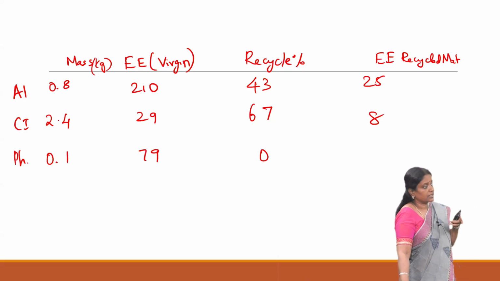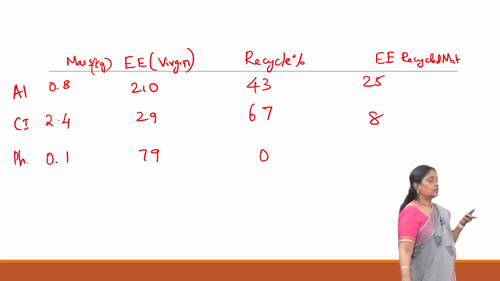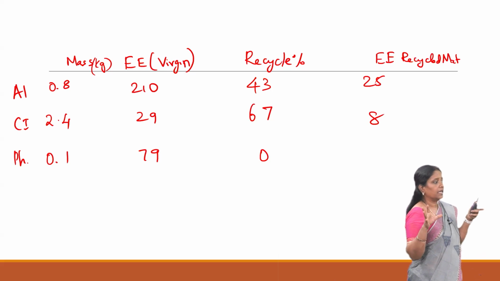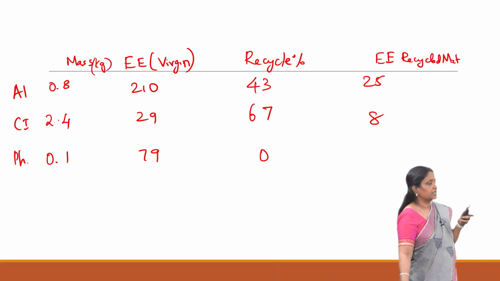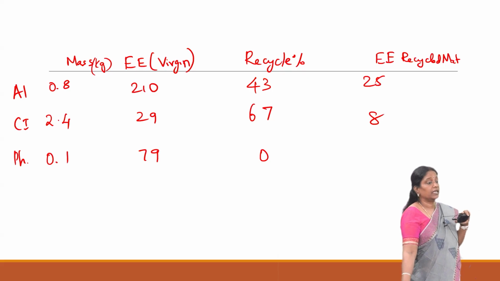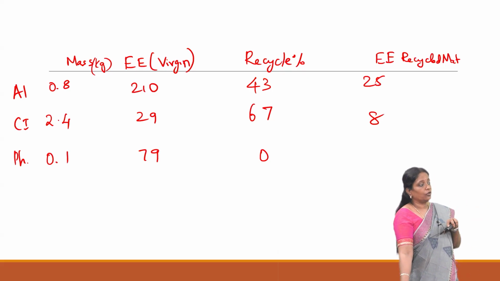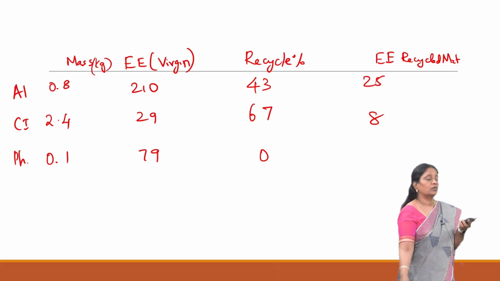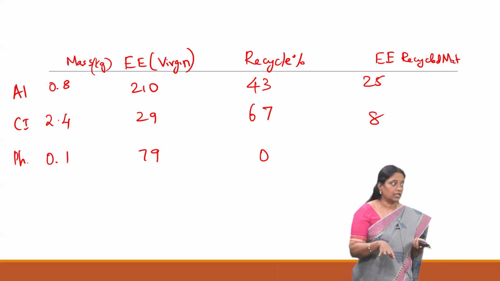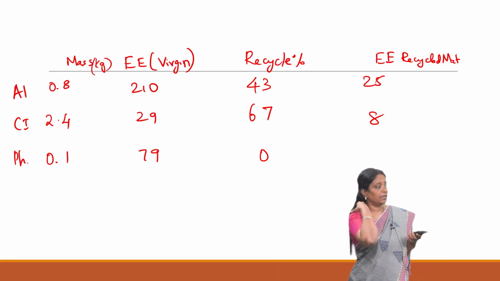There can be regulations for using it, so that is also fixed by several agencies, mostly regulatory agencies, on how much recycled content is allowed. Take concrete, for that matter: if you're going to use recycled aggregate, Indian building codes permit up to 25% of recycled aggregate from your C&D waste, construction and demolition waste, in your new buildings. So it is regulated, and sometimes it is a functional value. You can't go completely recycled.